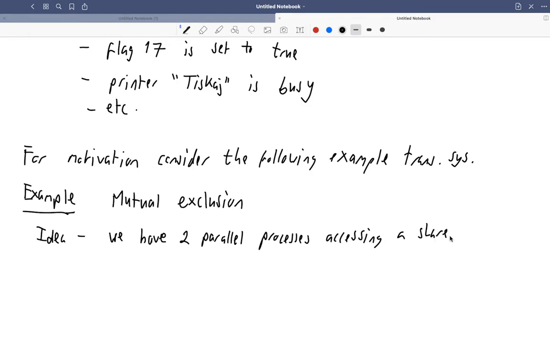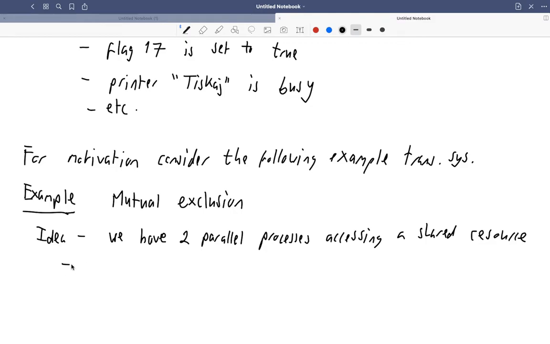The shared resource might be the printer, or some memory, but the point is that the resource will only grant access to the processes one at a time. So we can't have both processes communicating with the shared resource simultaneously.